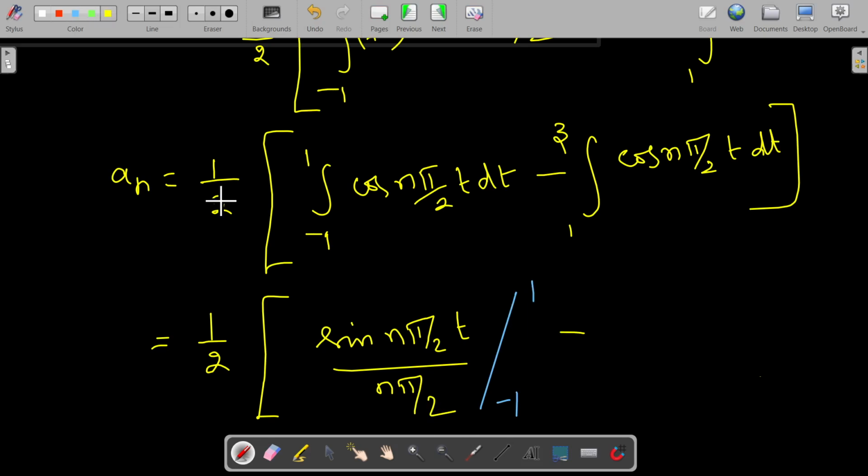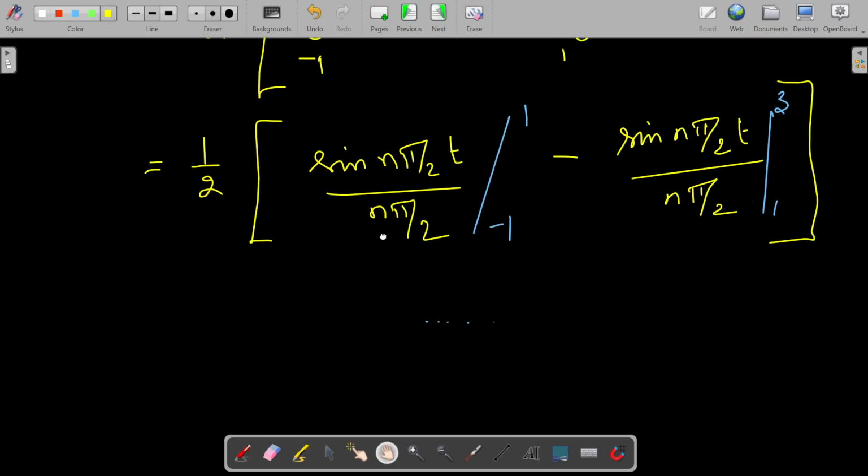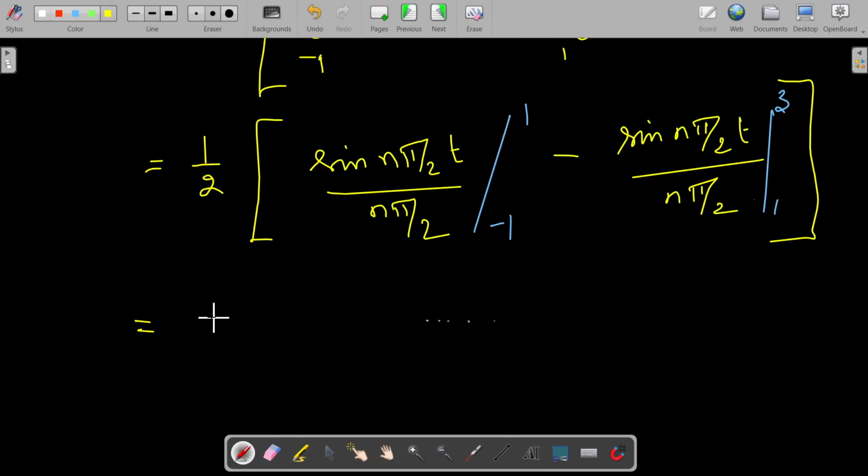For this we can again write sine(nπ/2 t) divided by nπ/2 with the limits 1 to 3. Apply the limits. So this is equal to 1/2, and in the second term we have nπ/2 as common, so it can be taken outside into 1/(nπ/2).